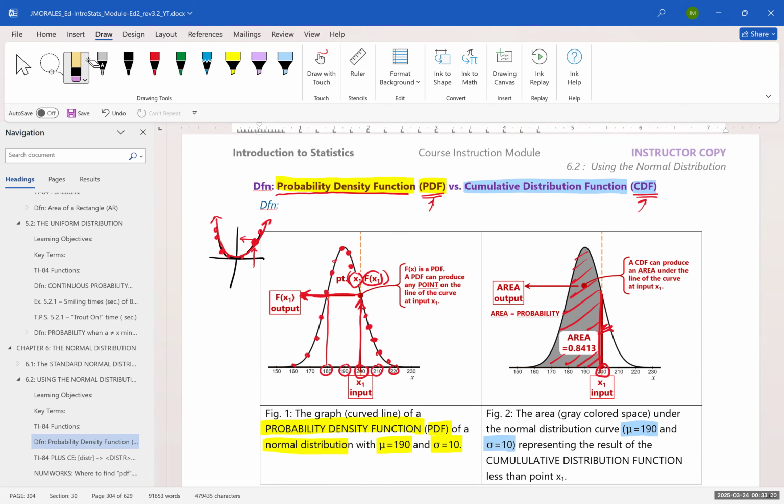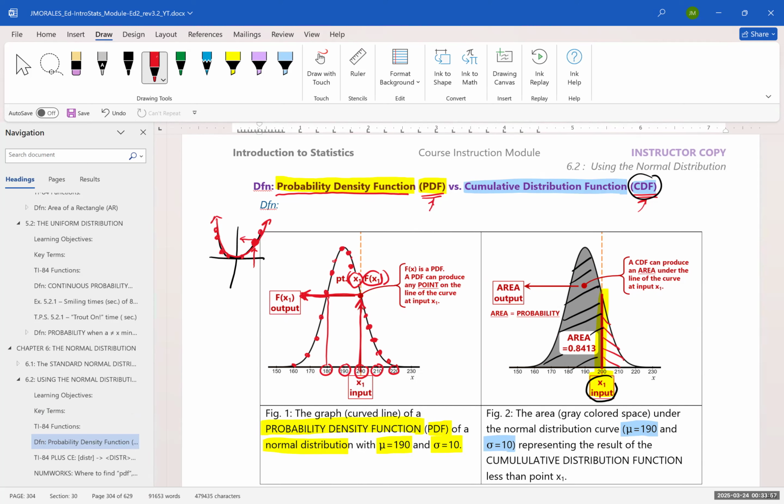So a CDF will give you an area based off of an X value that acts as a border. Now, here, we are getting the area that is to the left of this value of X. But we could have easily used a CDF function in order to get the area to the right.